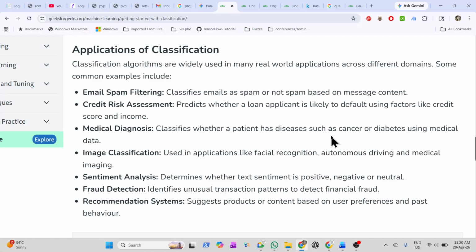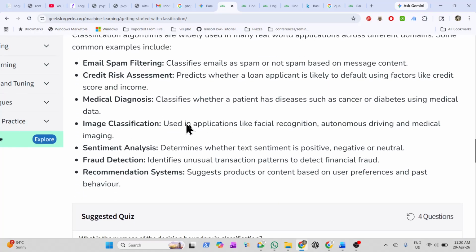Medical diagnosis, that includes whether a subject, meaning a person who is being tested, has cancer or not, diabetes or not, BP or not. There are so many other things you can say. Image classification is used in applications like facial recognition.